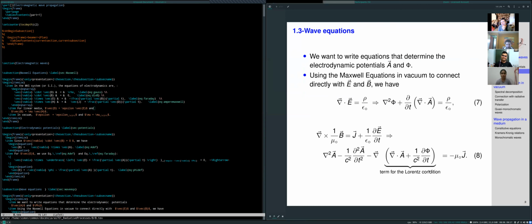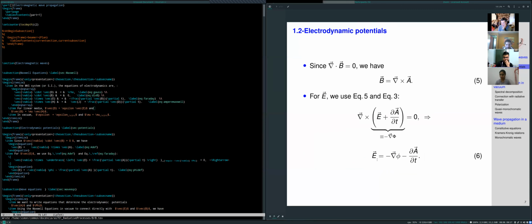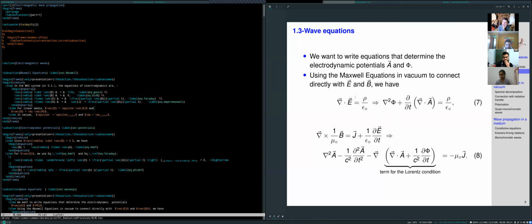What I want to do is calculate the electrodynamic potentials, and to do so, we use the Maxwell equations in vacuum and replace the expressions for E and B. For instance, the Gauss law gives us this other expression that connects phi and A simply by replacing E with equation 6. So I inject equation 6 into the Gauss law to reach this intermediate equation.